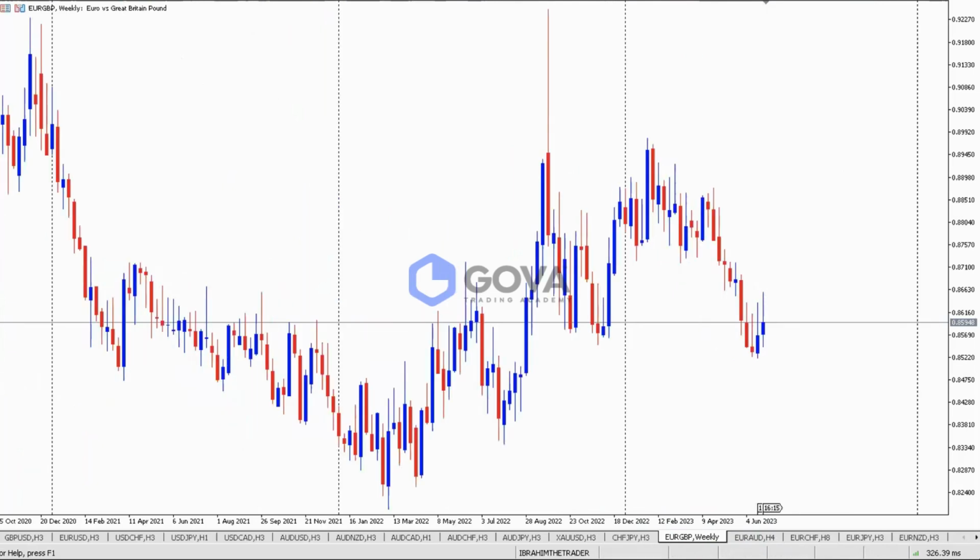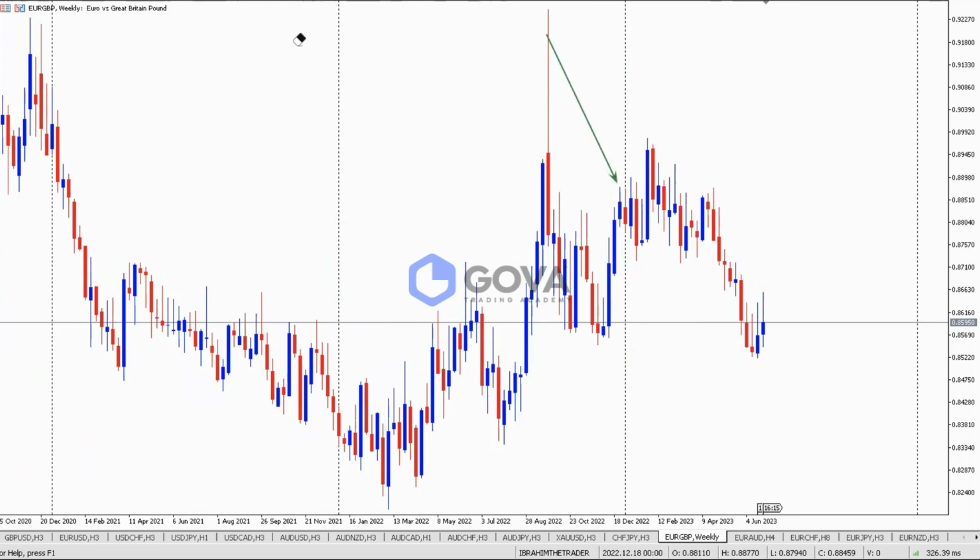Now, zooming the candlestick out a little bit, I believe you can see that the bearish candlestick is sitting exactly on the period separator, right? So I believe you can see it, guys.